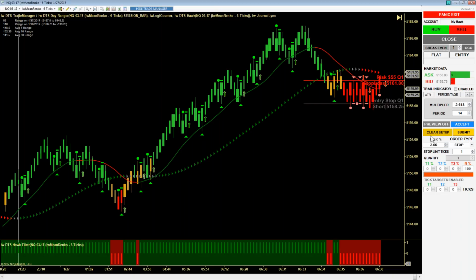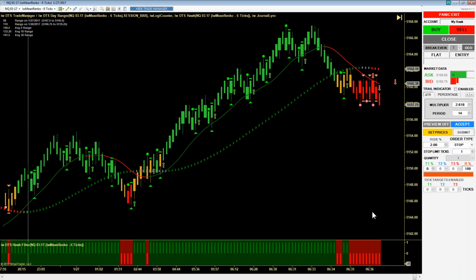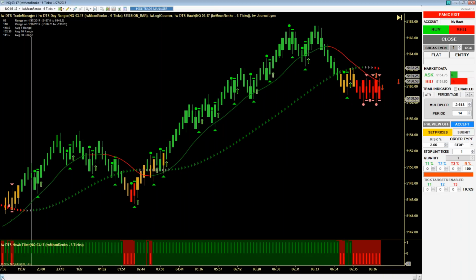What is the point of your stop loss? I know it seems like a stupid question, but really most people never consider the purpose of their stop loss. What's the whole point of having a stop loss? Your stop loss does 2 functions for you. First off, it protects your capital.